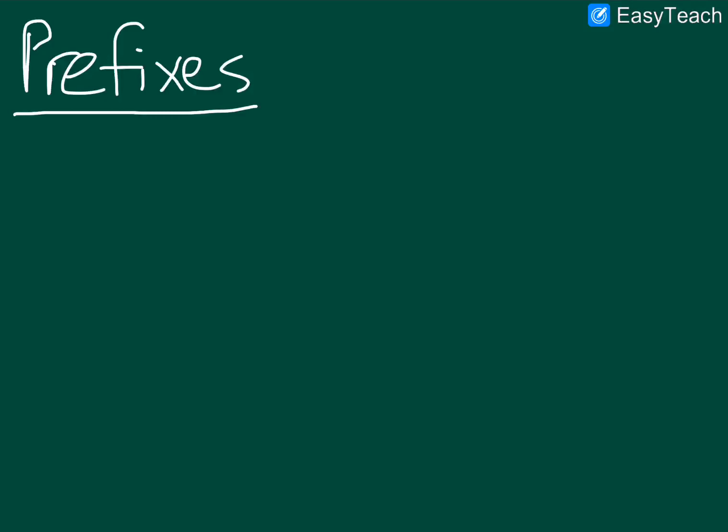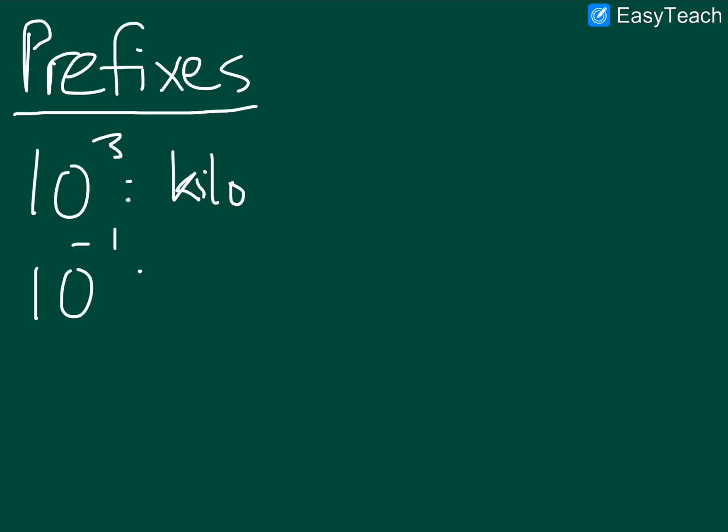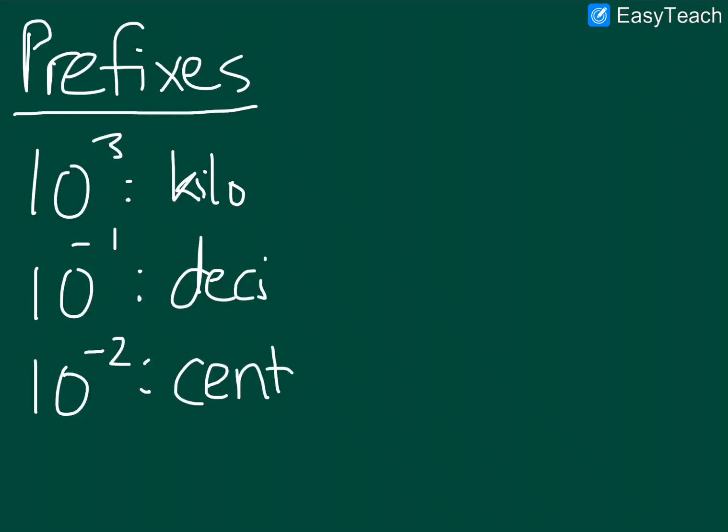We start with the most common one, 10 to the 3, which is 1,000, and we call that kilo. Then 10 to the negative 1 is 1/10, and we call that deci. 10 to the negative 2 is a 100th, so we call it centi. 10 to the negative 3 is a 1,000th, so it's milli.